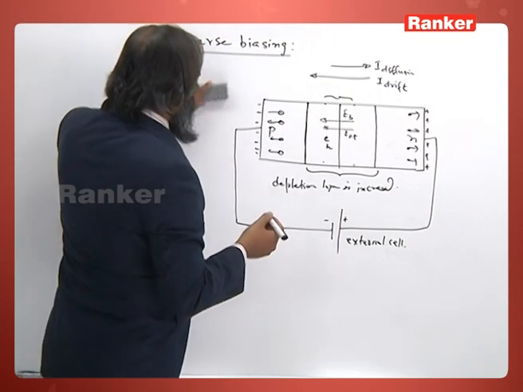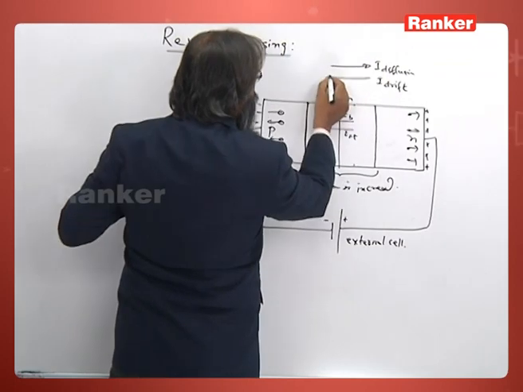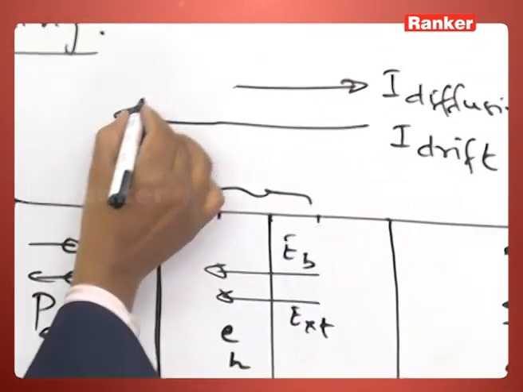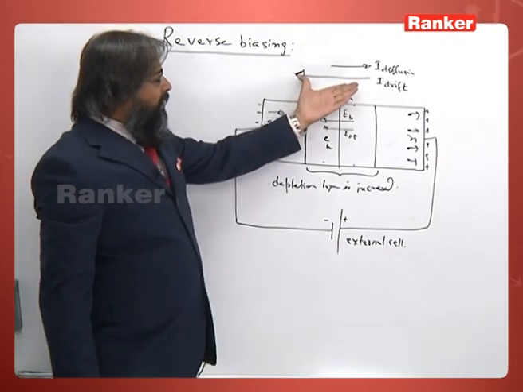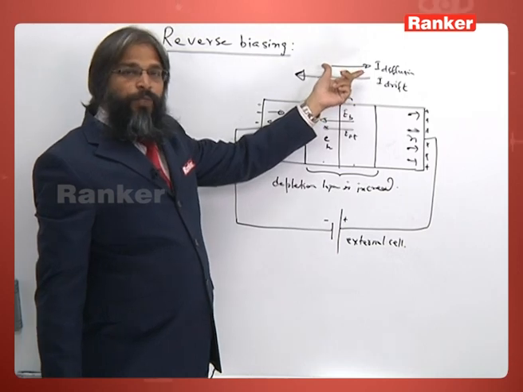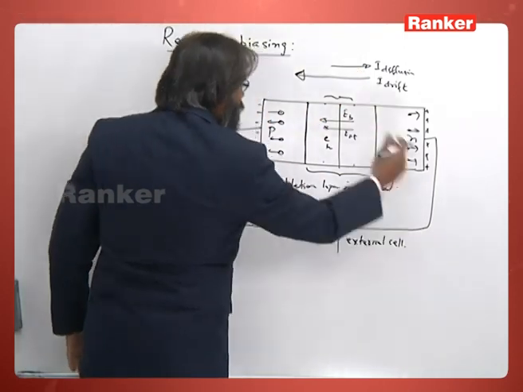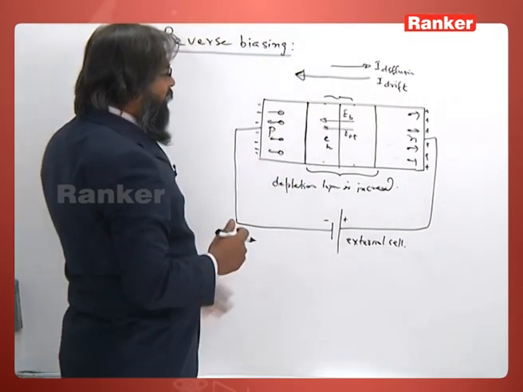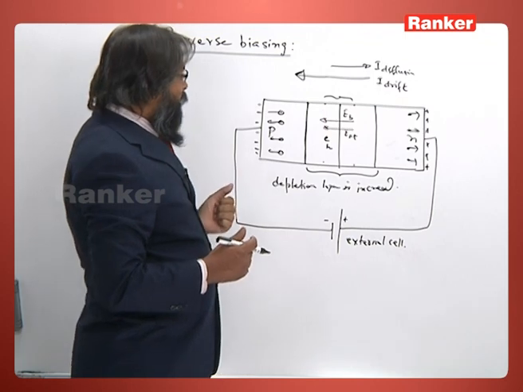As a result, drift current will also increase. So not only does the diffusion current decrease, but the drift current increases. Again, you see there is an imbalance in the drift current and the diffusion current, so there is a net flow of current in this direction.